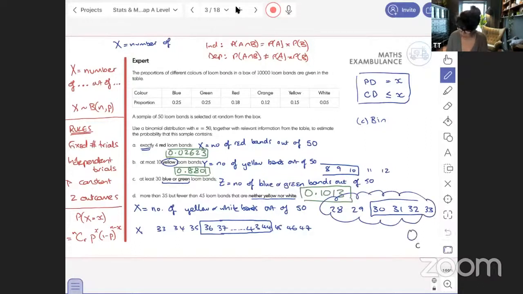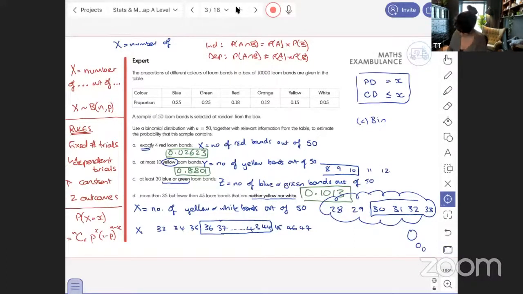When you do the probability that it's less than or equal to 29, when you put in X is 29, it doesn't tell you what you want. It tells you the opposite of what you want. By drawing this out, you always know what you're finding from the calculator. So in this case, you do 29 or less, that's your X, and then you'd have to do 1 minus that answer. And that's going to be 0.101.